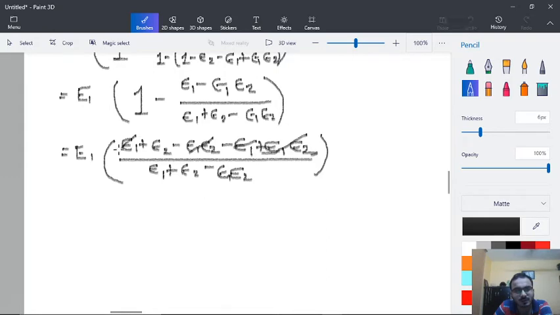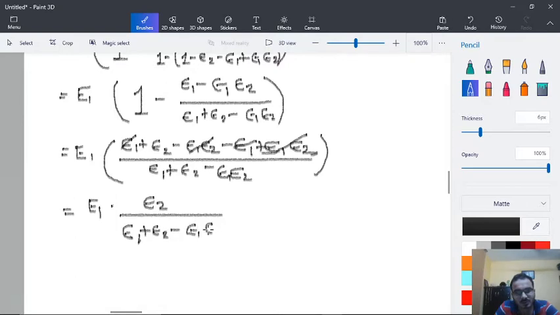So finally what we are getting is E1 into epsilon 2 divided by epsilon 1 plus epsilon 2 minus epsilon 1 epsilon 2, that is for Q1.